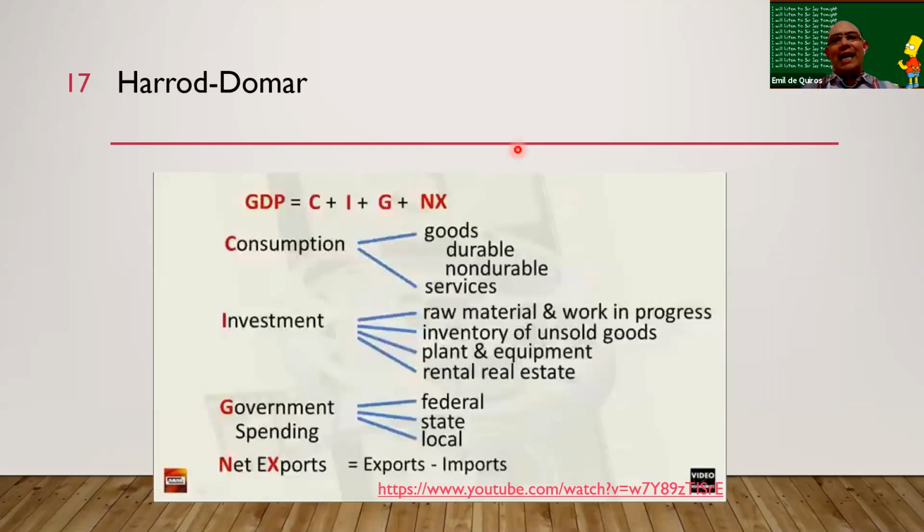Just a refresher, I included this in Canvas. Basic economics, macroeconomics. So again, when you think of GDP, think of it as a pie. It's the country's economy as a pie, which we want to enlarge.